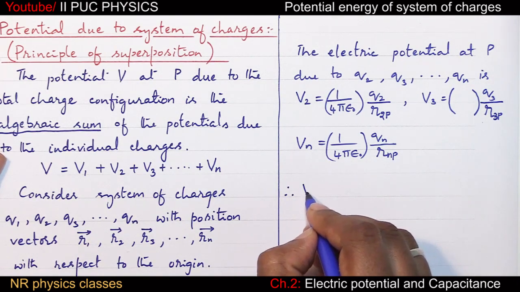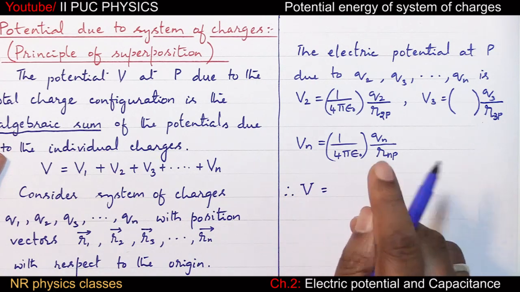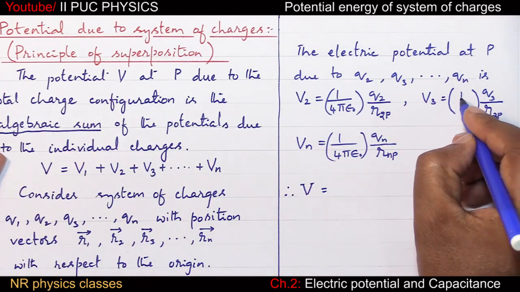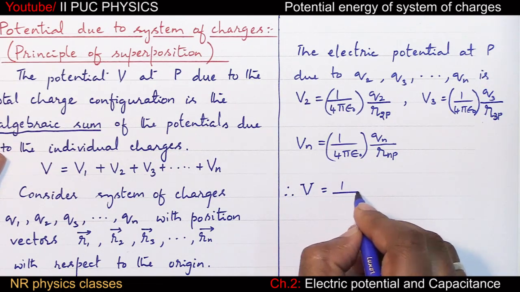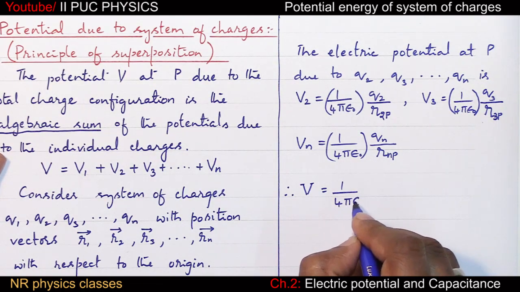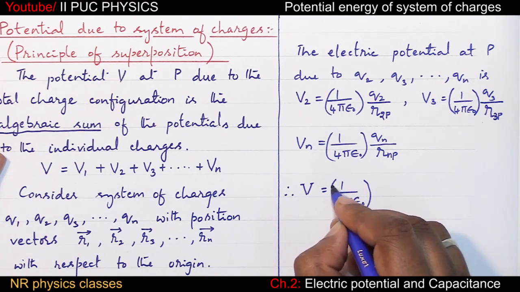Therefore, the total potential equals, in all these terms, the common factor 1 by 4 pi epsilon naught. Let me put a bracket.